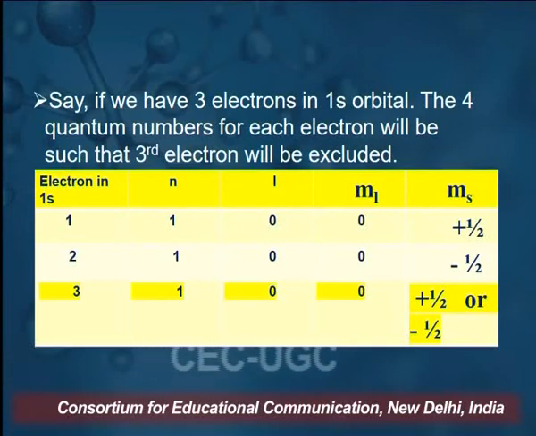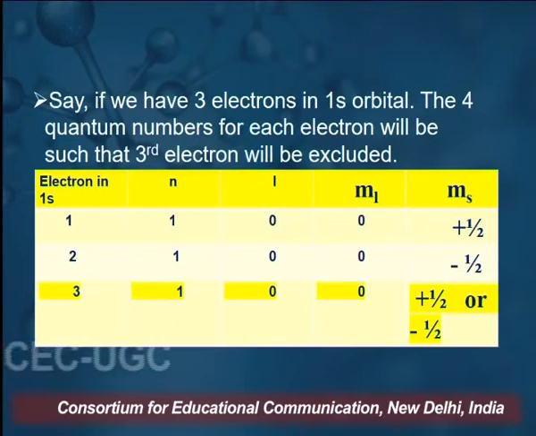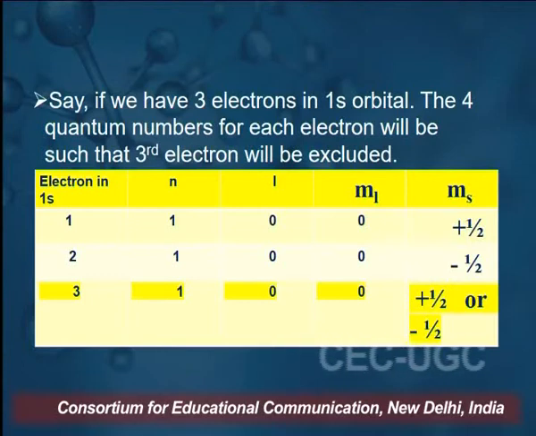For the second electron again, n is 1, l is 0, ml is 0 and ms is minus half. For the third electron, n is 1, l is 0, ml is 0, then ms would be plus half or minus half, which would go against the Pauli's exclusion principle. So this is excluded, and in one orbital only two electrons can be present.